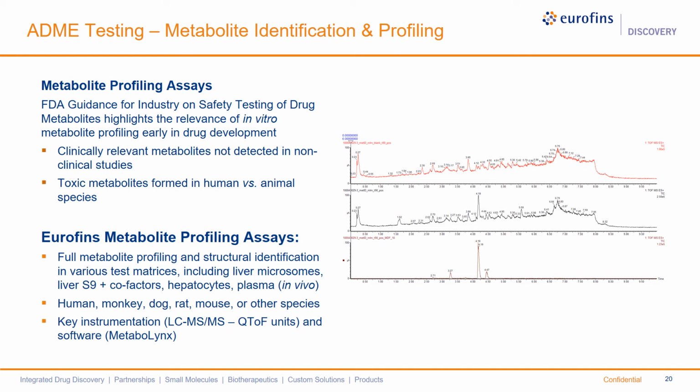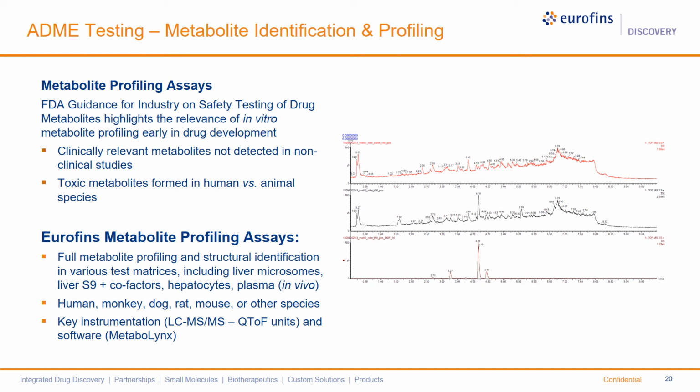So one of the things that Eurofins is capable of offering is a full metabolite profiling and structural identification in a variety of different matrices. As we discussed earlier, this can include different environments, including things such as liver microsomes, liver S9 fractions with cofactors added, looking at hepatocytes as examples of isolated liver cells, or looking in plasma.